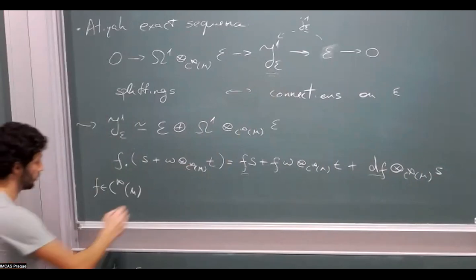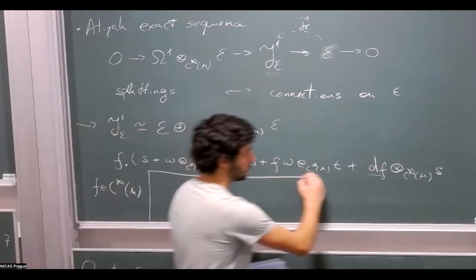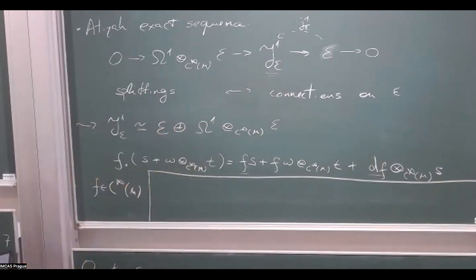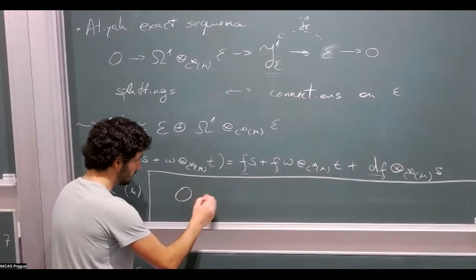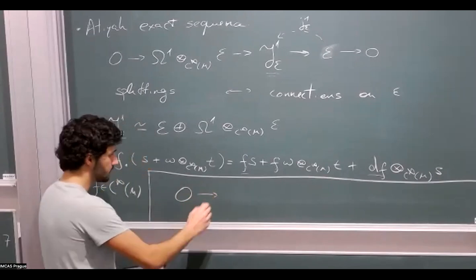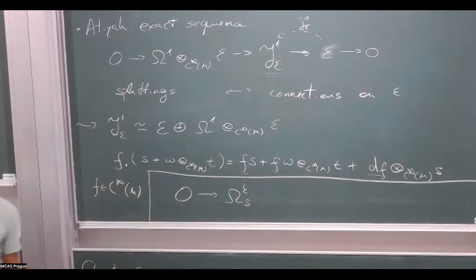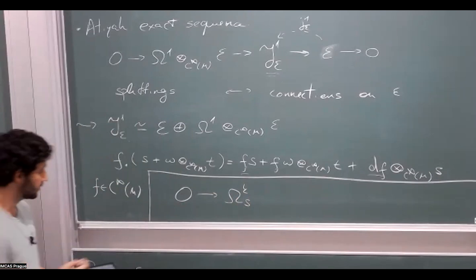And the second one, well, let me write it here, just not to go to another board. The second exact sequence that kind of led the way for us to see what the structure of this jet space should be is this one. So the jet sequence. You go from 0 to omega ks, which are just the symmetric k-tensors, so just the tensor product of omega 1 k times, and then we symmetrize everything.